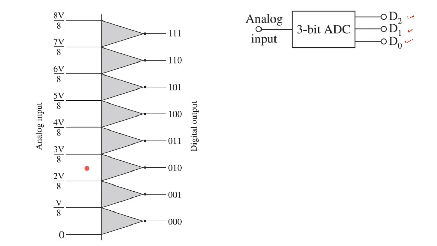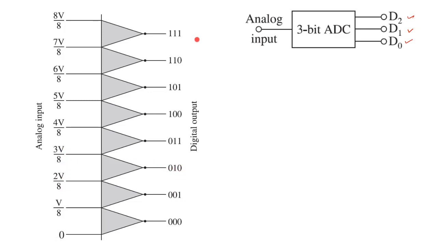Let us consider the ramp signal, right. So now if your voltage is 0 to V by 8, then it is giving 0 0 0. Then if it is V by 8 to 2 V by 8, it is 0 0 1. If it is 2 V by 8 to 3 V by 8, it is 0 1 0.